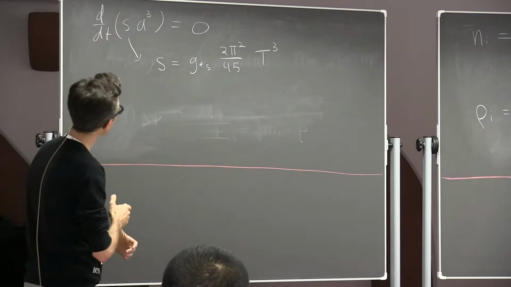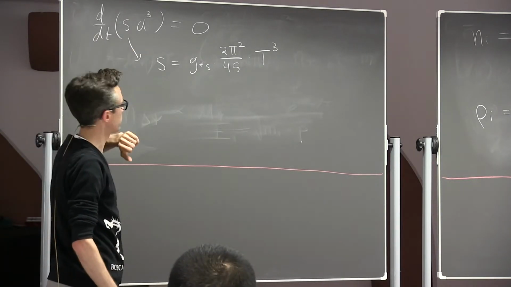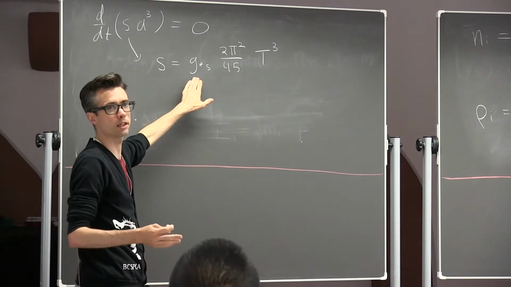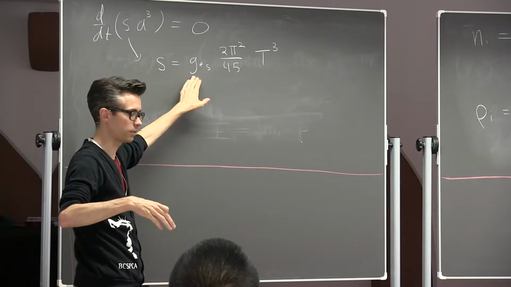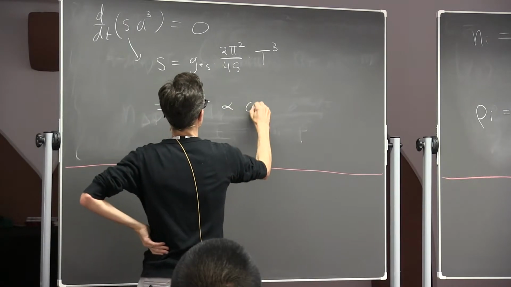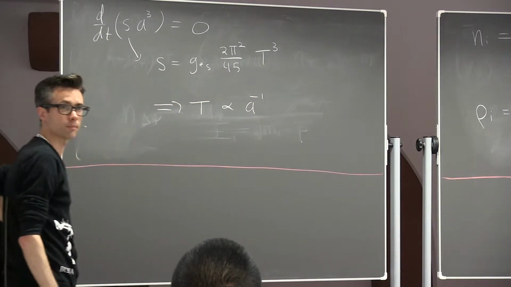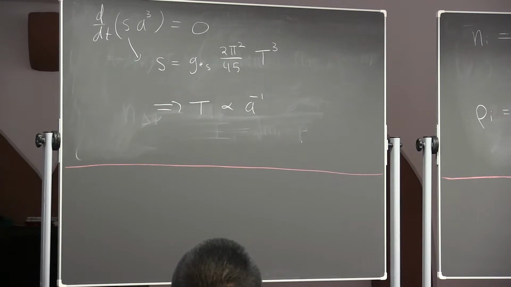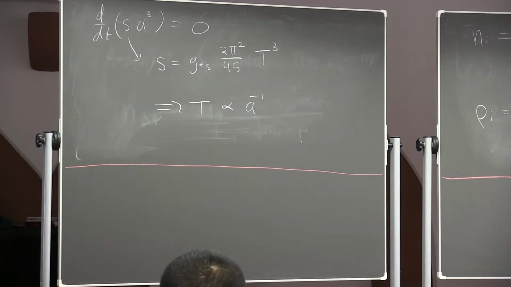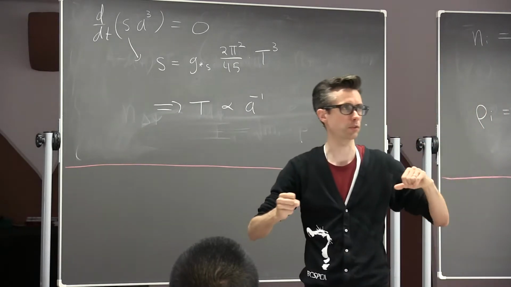So the reason this is useful is that S times A cubed is time independent. And that means that as long as G star S doesn't change, so it does change when the temperature falls below the mass of a particle, but as long as G star S doesn't change, this relation implies that T scales essentially as 1 over A. So this expression tells us how the temperature falls as the universe expands, and we can then apply that to this, and this tells us how Hubble falls off as the universe expands.